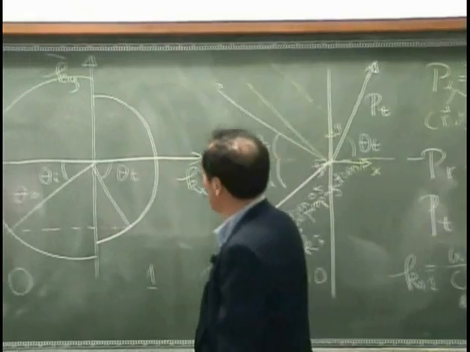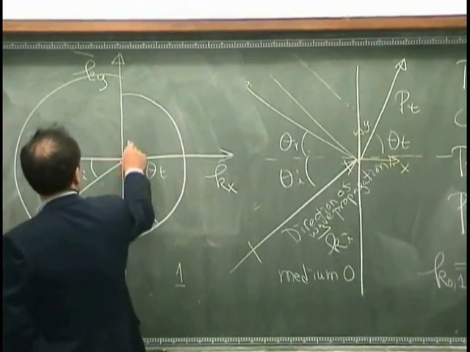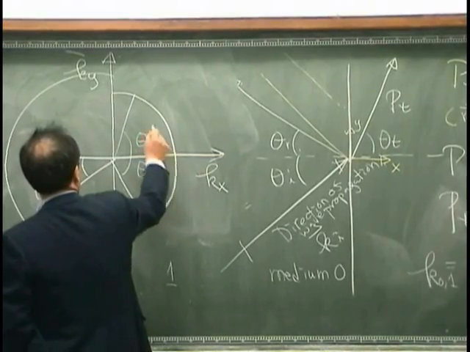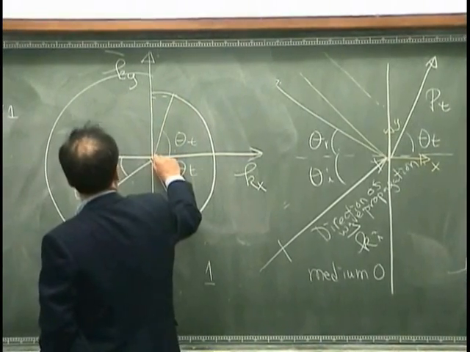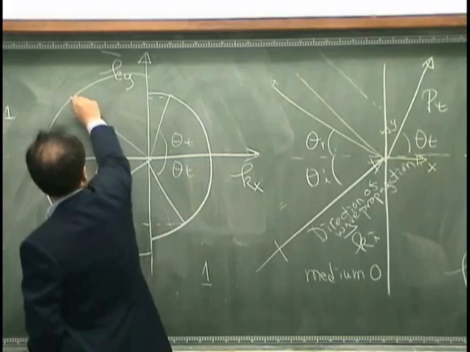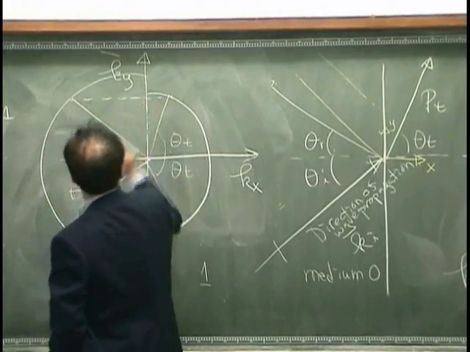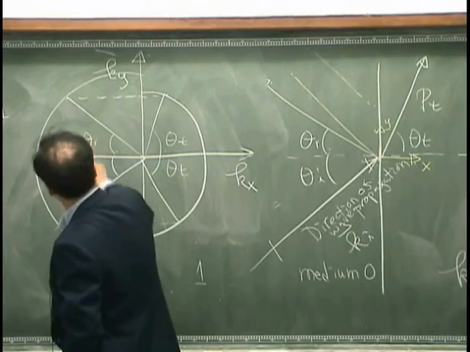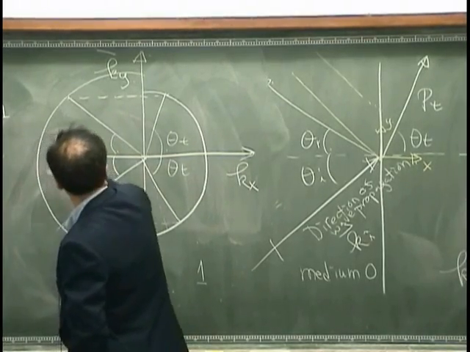If you prefer, maybe we would write this is theta r, that is equal to theta 0 and theta t.